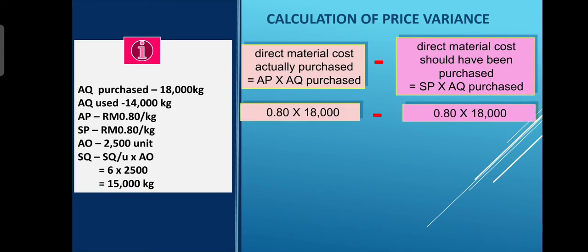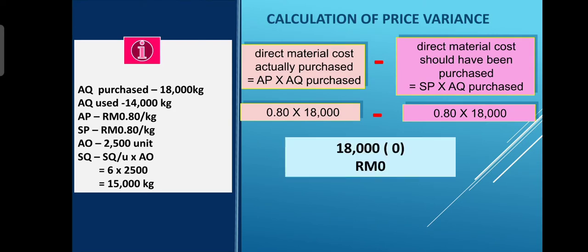That is RM 0.8 times 18,000 kg minus RM 0.8 times 18,000 kg of raw materials purchased. The answer is 0, no price variance, because AP is equal to SP, no difference in price.